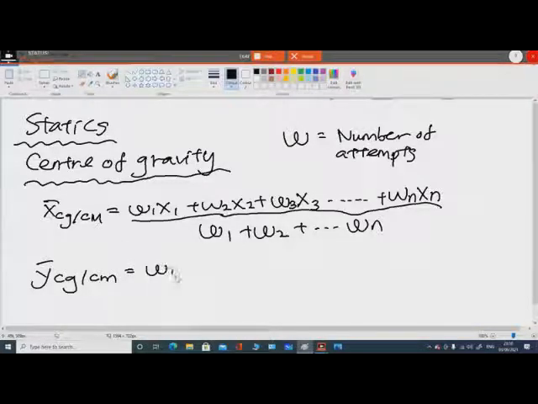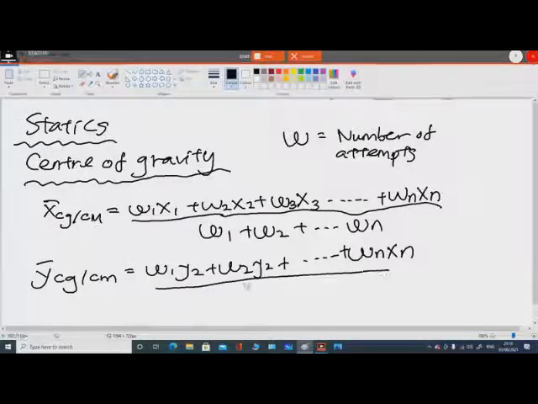The same formula: w1 y1 plus w2 y2 until wn yn. So this is 1, this is 2, and until wn. Okay, so this is the way we calculate the center of gravity.